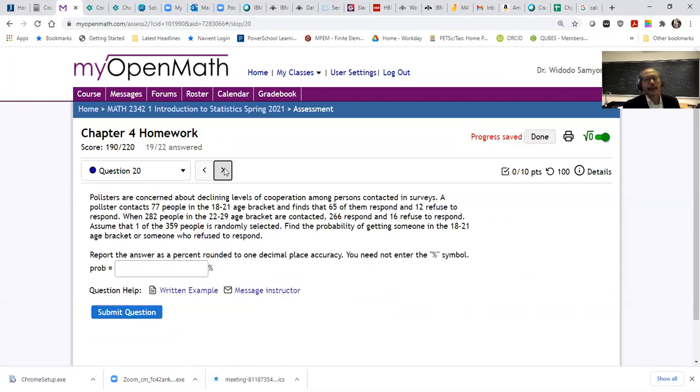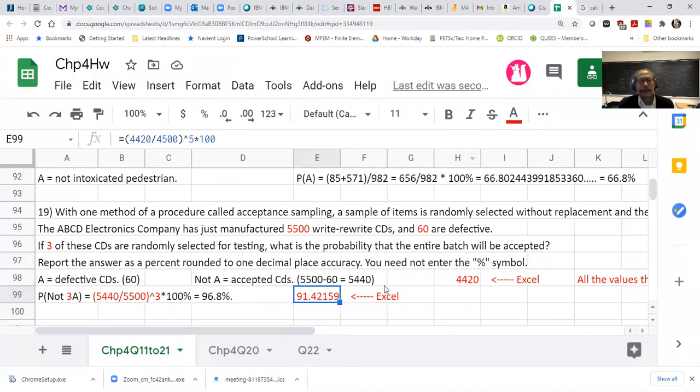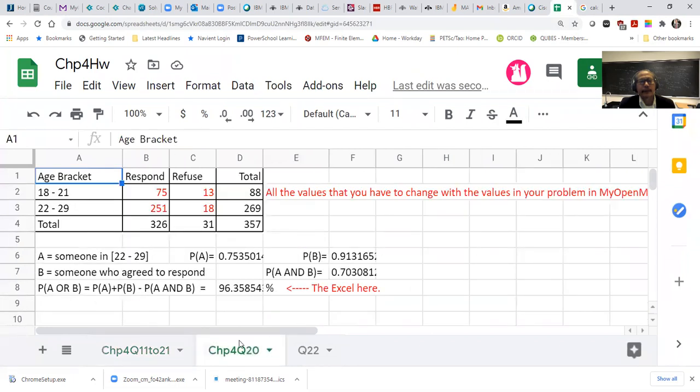And number 20. Maybe it's easier if you change the table in the spreadsheet. Number 20 will be this one here. You need to change this data.